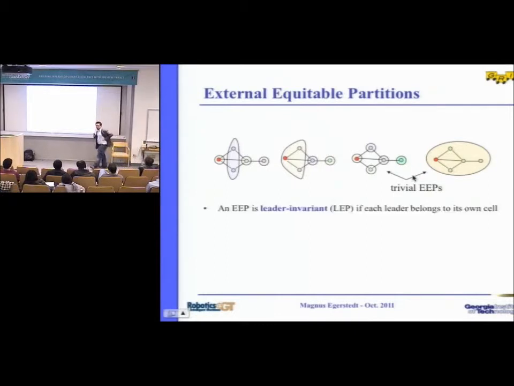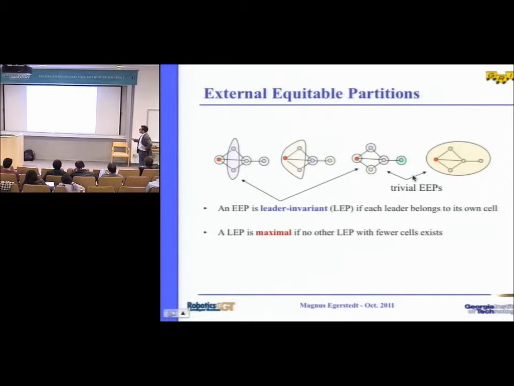What I'm going to do is call an external equitable partition leader invariant if the leader, in this case the red guy, gets its own cell. So the leaders, where I'm injecting my control signal, if you have multiple leaders, I'm immediately going to draw a circle around them and say they are their own cells. So in this case we have 2 leader cells, or leader EEPs.